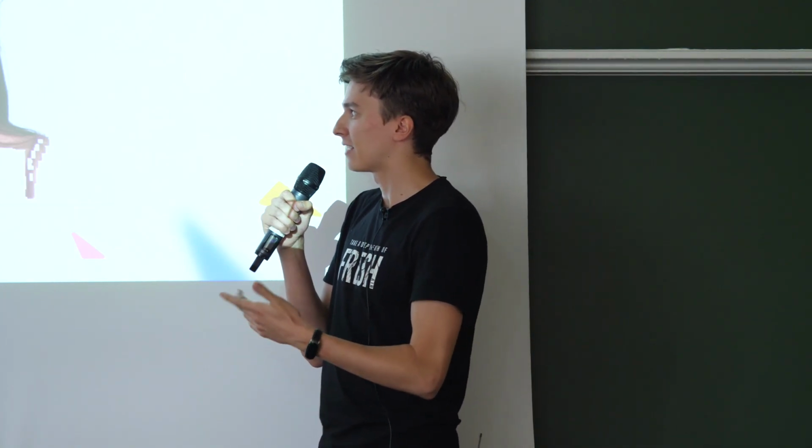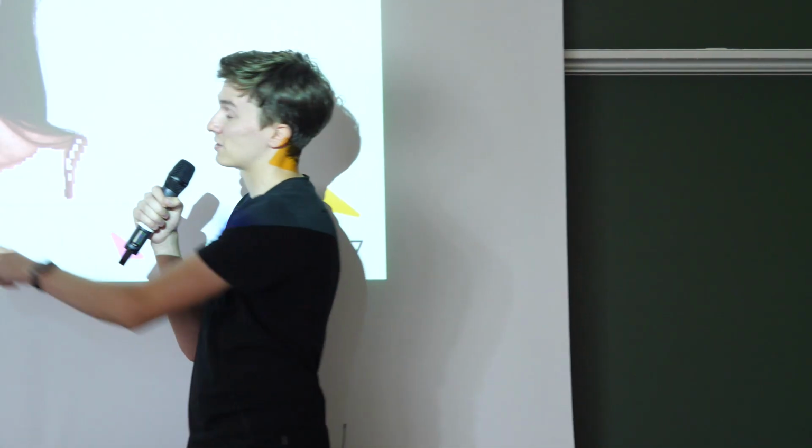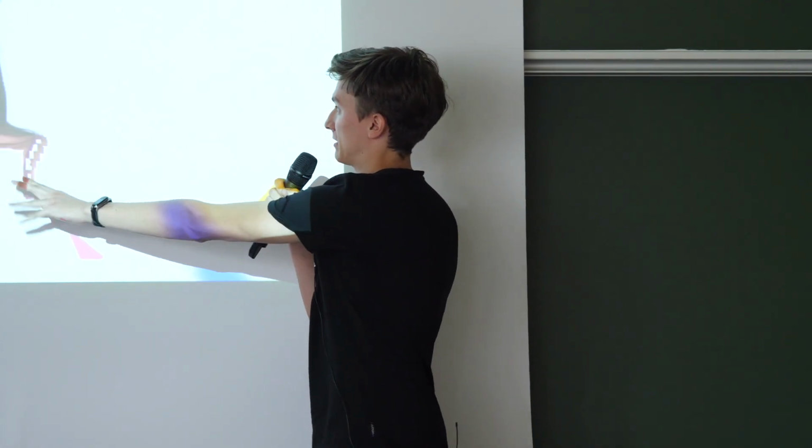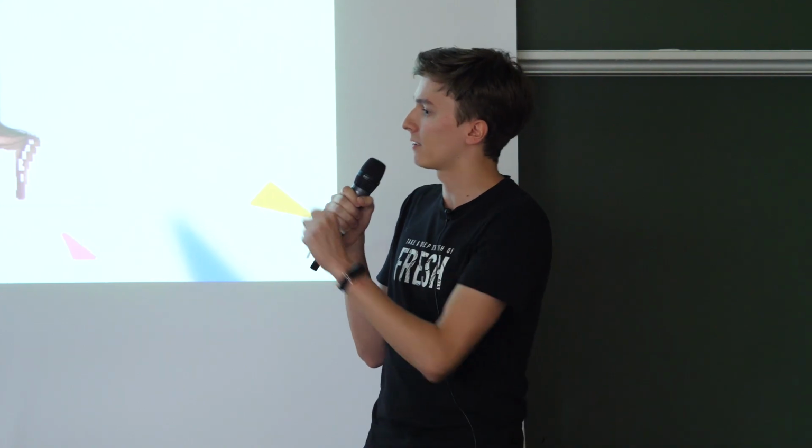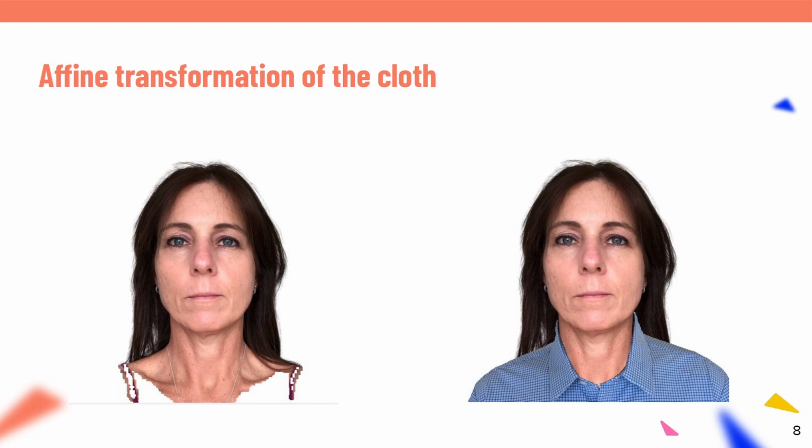So sometimes we got little problems, because when the chest was visible because the clothing was, let's say, small, sometimes parts of the chest were also classified as neck. But we did some removing of what was unnecessary, and then we tried to do the affine transformation.